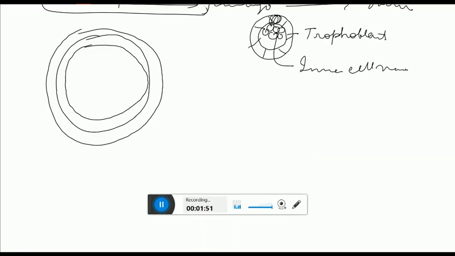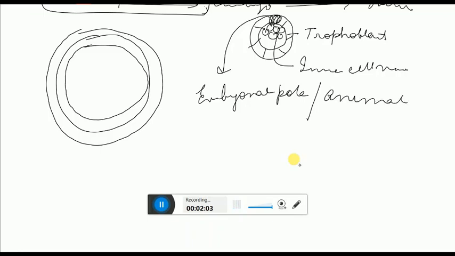This pole where inner cell mass is concentrated is known as embryonal pole. In human, this embryonal pole is also known as animal pole. Pole opposite to embryonal pole is vegetal pole or abembryonal pole.